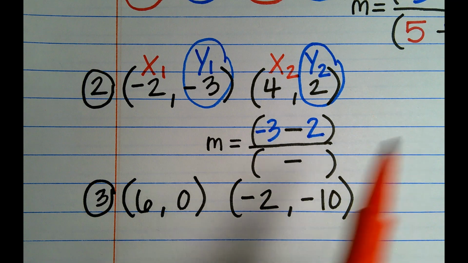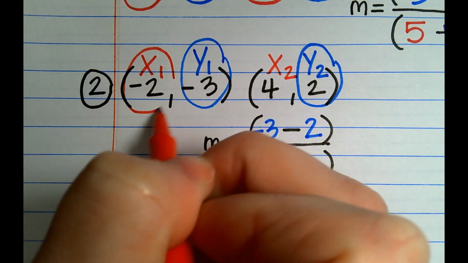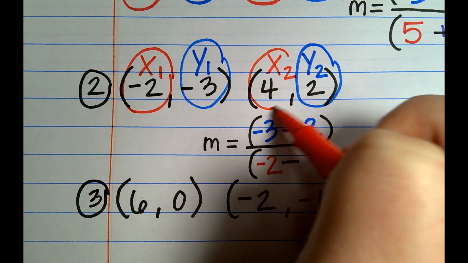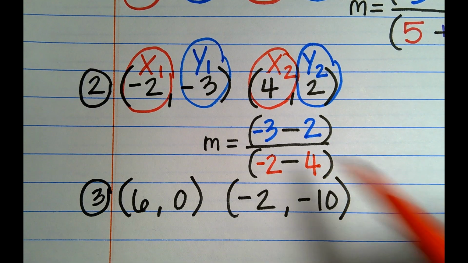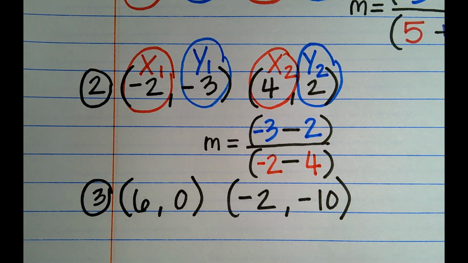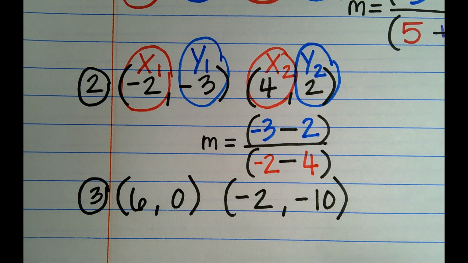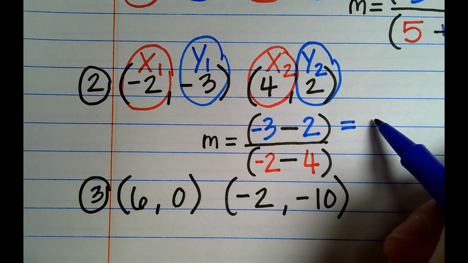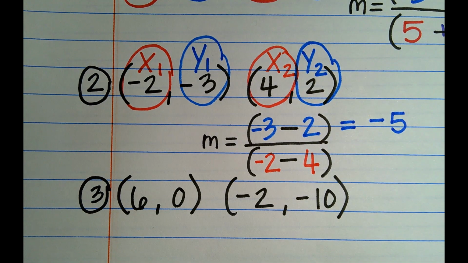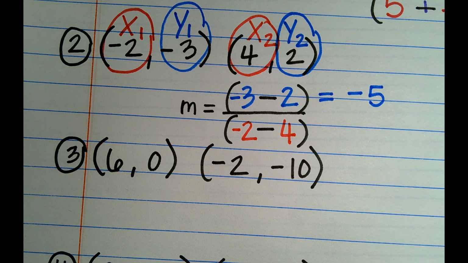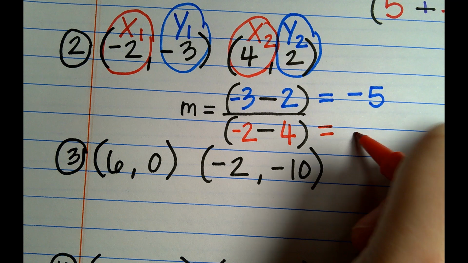Now on the bottom we'll do what? -2. Perfect. -2 and 4. So we have -3 minus 2, -2 minus 4. What is -3 take away 2? -5. Okay. -2 minus 4? -6.